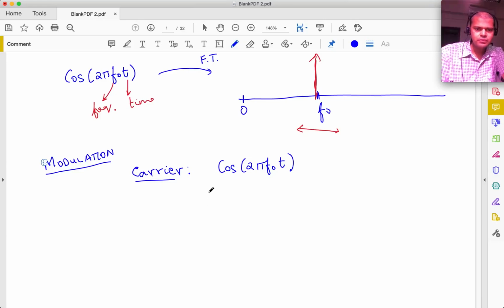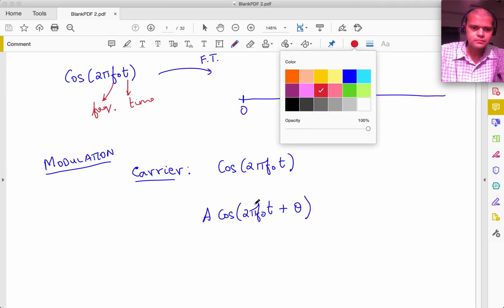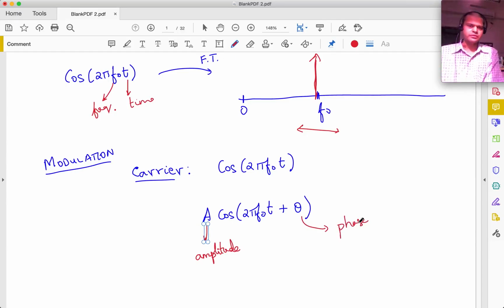Suppose you have put in an amplitude over here, and you also put in a phase. And this is the amplitude. And this is the phase.